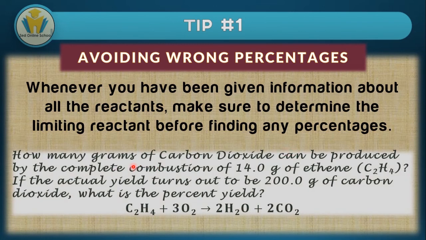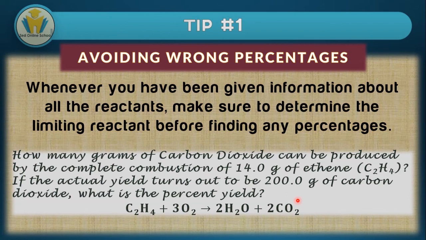We've been asked to find how many grams of carbon dioxide can be produced by complete combustion of 14 grams of ethene. If actual yield turns out to be 200 grams of carbon dioxide, what is the percentage yield?